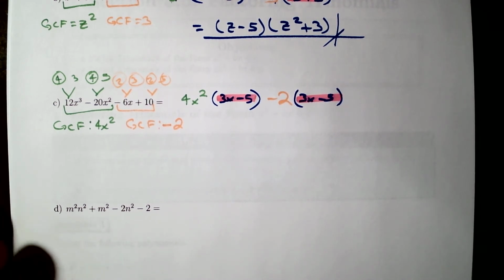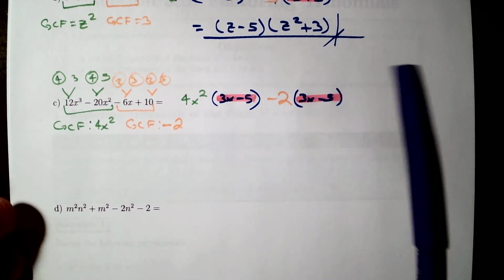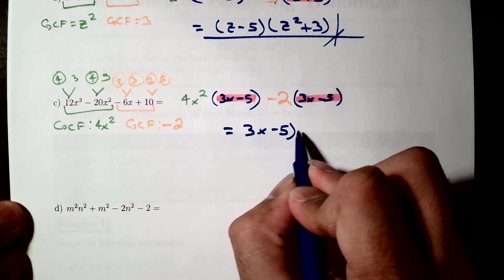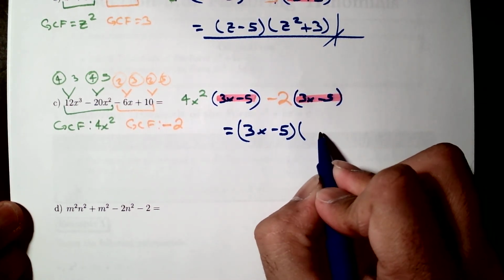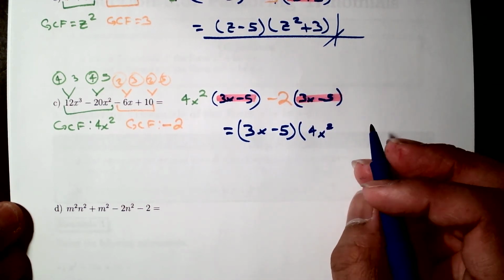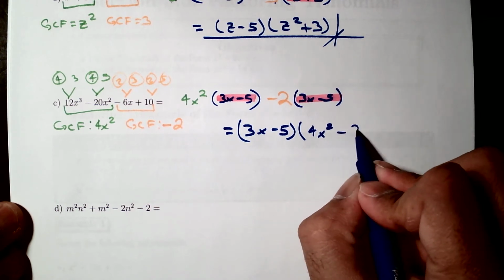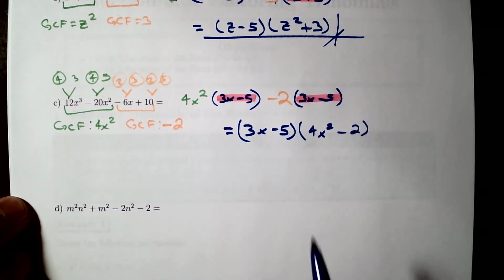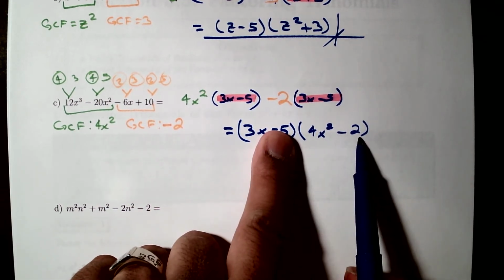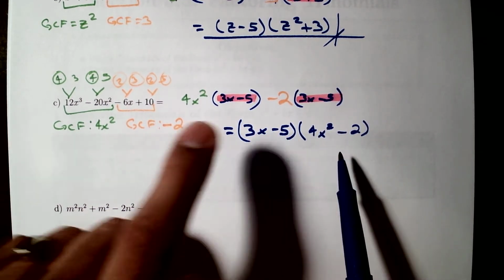Alright, so the new overall GCF will be 3x minus 5 times 4x squared minus 2. And of course, in this case, if you want to factor this a bit further, notice the second group has a further factor of 2.